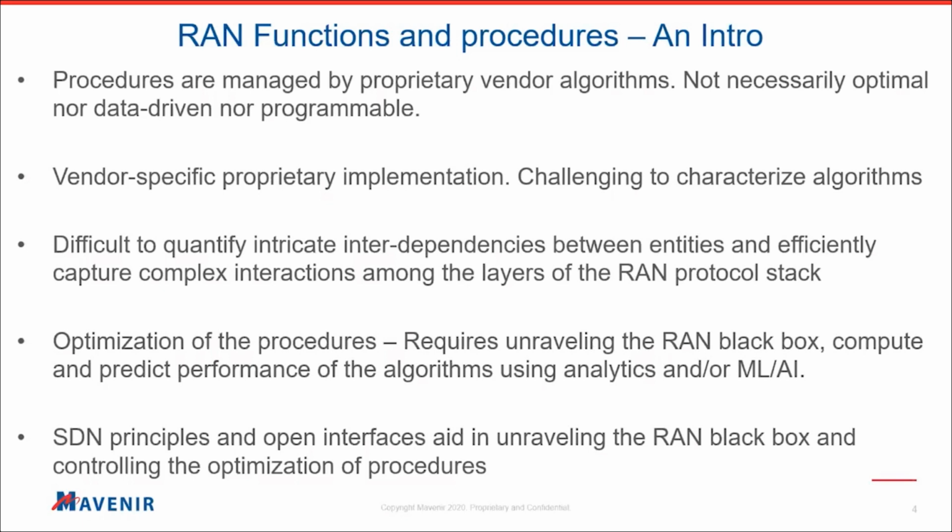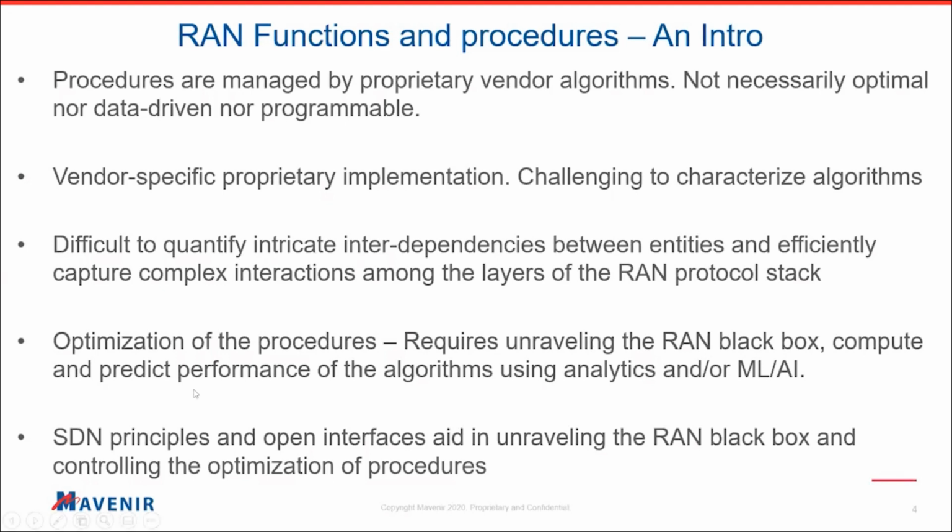But optimization of the procedures that the RAN protocol stack handles requires unraveling this RAN black box, unraveling this vendor proprietary implementation of the RAN, and computing and predicting performance of the algorithms using analytics, machine learning, and artificial intelligence. These will help optimize the functions of the RAN protocol stack.